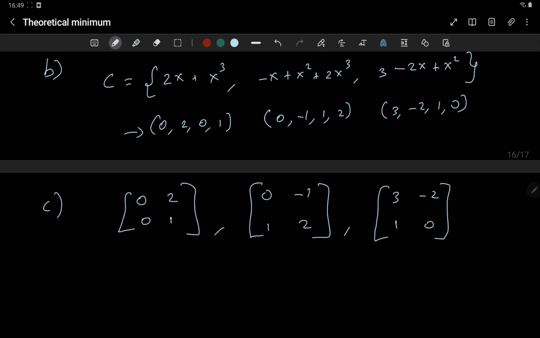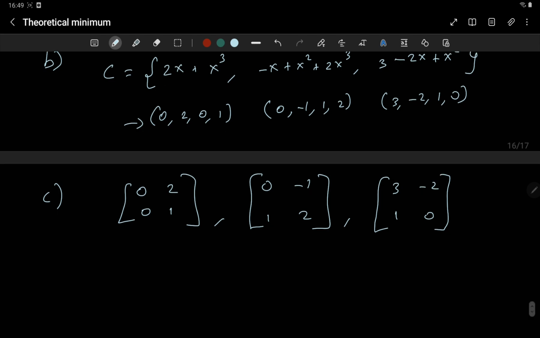Can you come up with some basis vectors for M2 so that I could represent any other element in M2 through a linear combination of those bases?